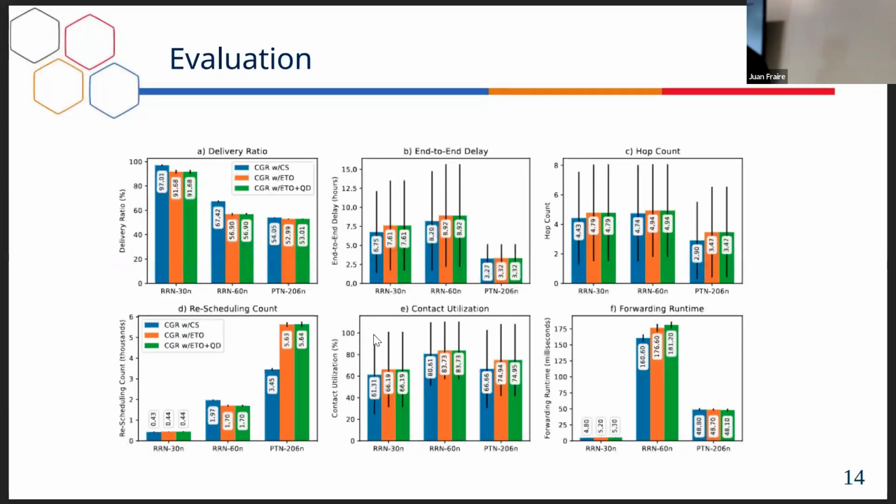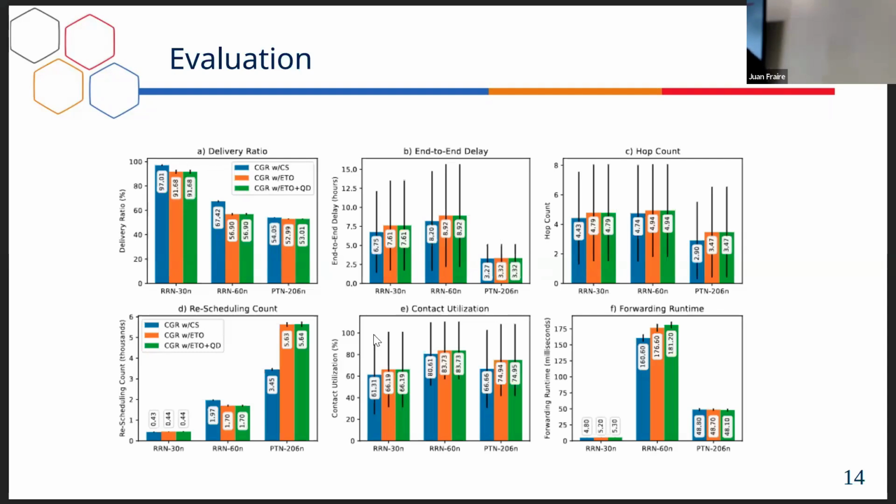And we can see that CGR with contact segmentation outperforms ETO and ETO plus Q delay in most cases, and quite surprisingly, is also more computationally efficient.